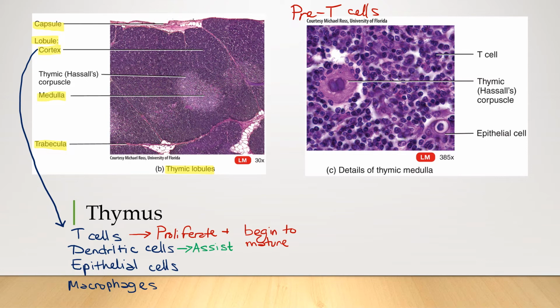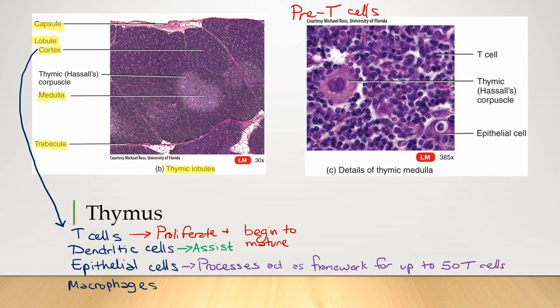Now, each of these specialized epithelial cells in the cortex has several long processes that surround the T cells and serve as a framework for as many as 50 T cells. So lots of processes, or these sticky out bits from the cells, that act as a framework. These epithelial cells will also help to educate the pre-T cells in a process known as positive selection.